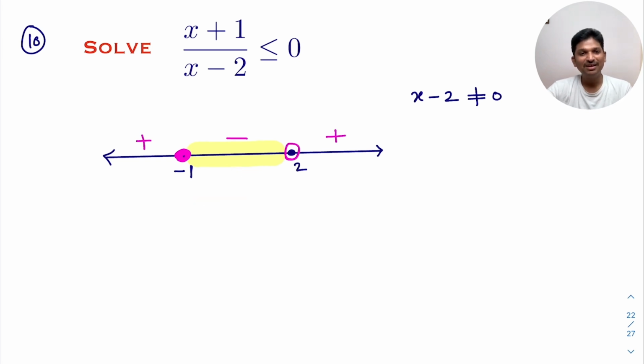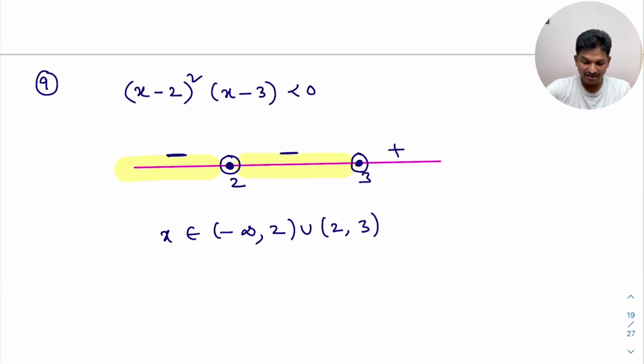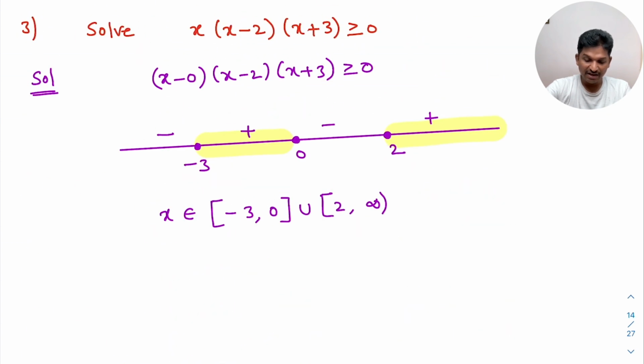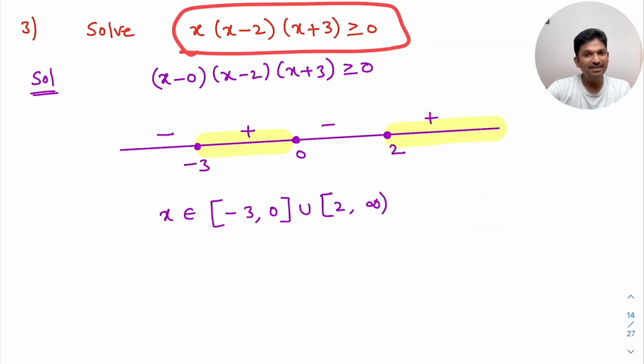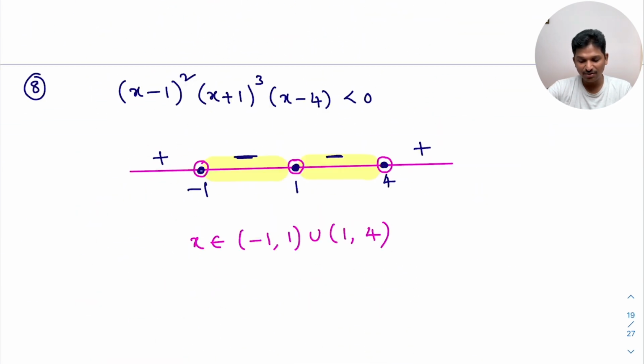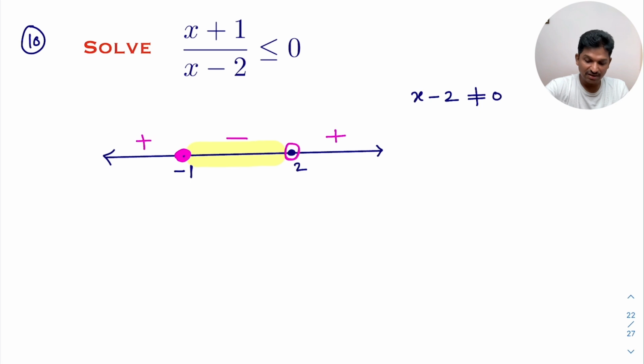It's very simple. See how we did these problems earlier, how we solve these inequalities. Same procedure we will follow, right? Procedure is same, right? Okay. Now what is the solution? X belongs to closed minus 1, open 2.